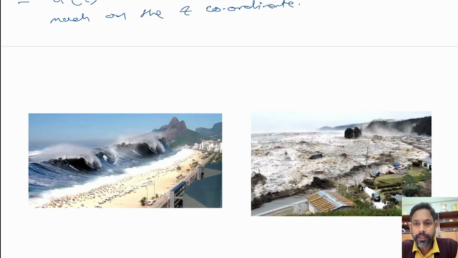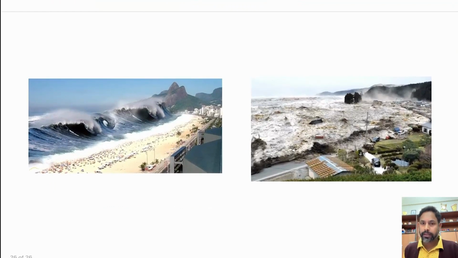Okay, so surface water waves actually impact coastal regions very badly, because in coastal regions your layer depth is very small, and that is why the water velocity that is there in the wave at the top is equally felt at the bottom, right? And that is what you see in this kind of flows.